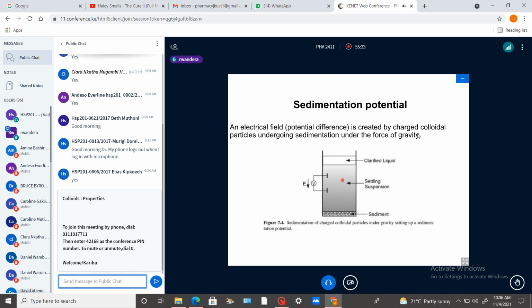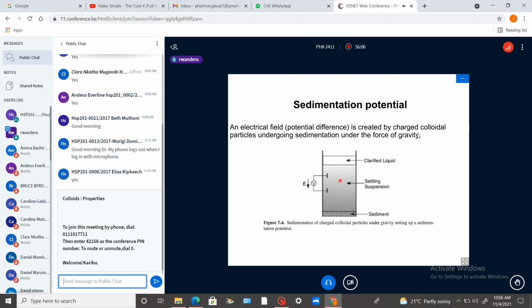Lastly, sedimentation potential. In sedimentation potential, also a potential difference is generated due to the movement of charged colloidal particles. As your charged colloidal particles sediment due to gravity, they tend to generate an electric field, or rather a potential difference.